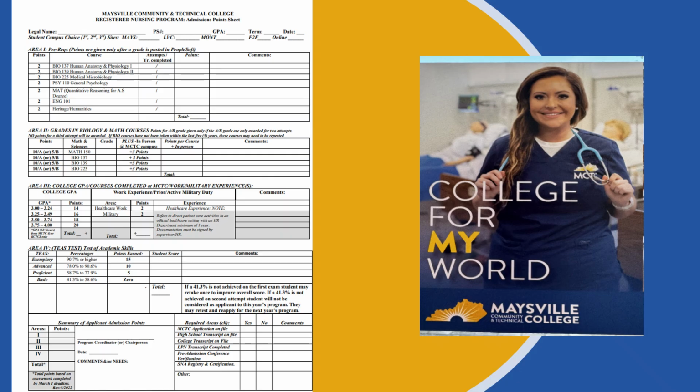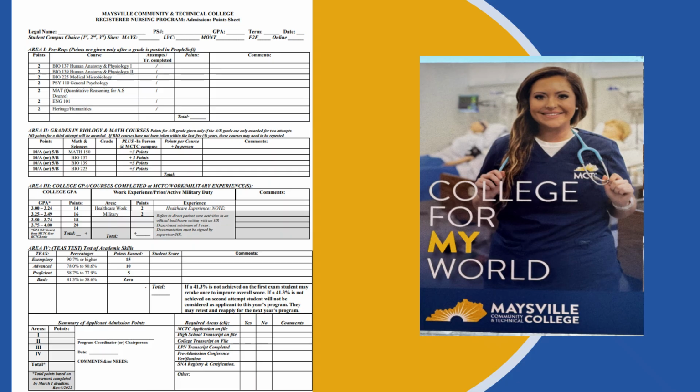I will say sometimes it's good to take it early simply because if you don't achieve a C or higher, then you have a chance to retake it. If you wait until that summer semester in between the first and second year of the nursing program, it is a prerequisite, and you have to have it prior to going into that third semester of the nursing program.